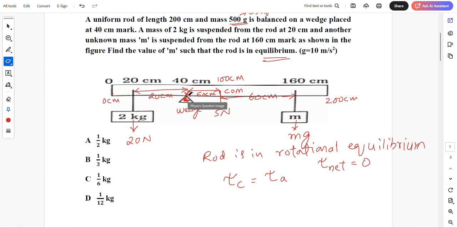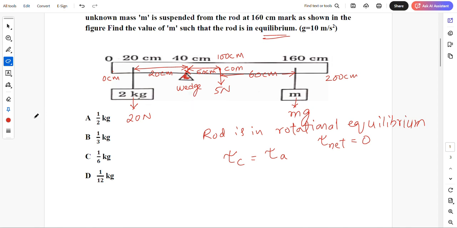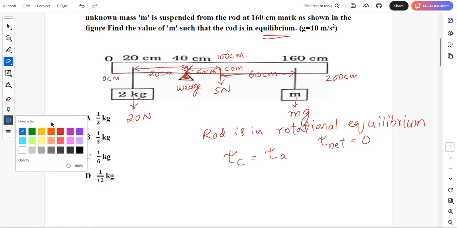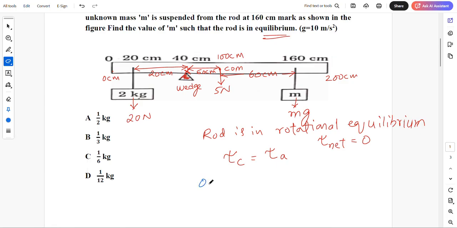Now, let us calculate the clockwise torque first. This perpendicular distance is 60 centimeter, and the force is 5 Newton. Convert this into meters: 0.6 into the force 5.